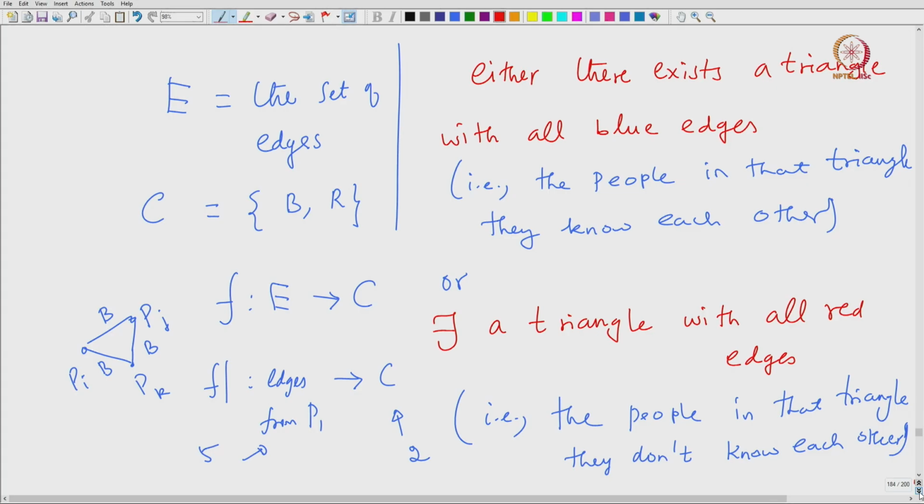So, they will all have the same color edges, that is what we have proved. Okay. And this proof indeed uses the pigeonhole principle very implicitly, which I have made very explicit.